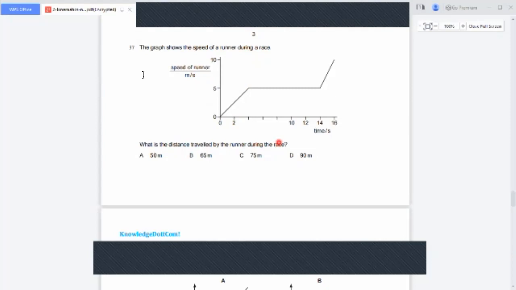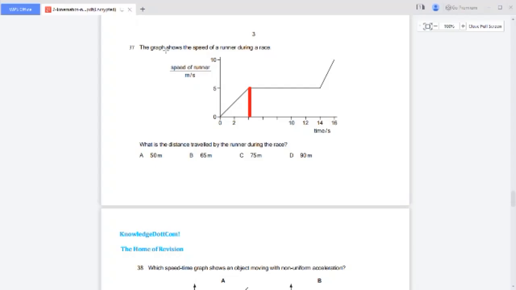We know that the area under a speed time graph is the distance traveled by the object. So we are going to divide this graph into various parts. This one is the first part, this is the second part, and this would be the third part.